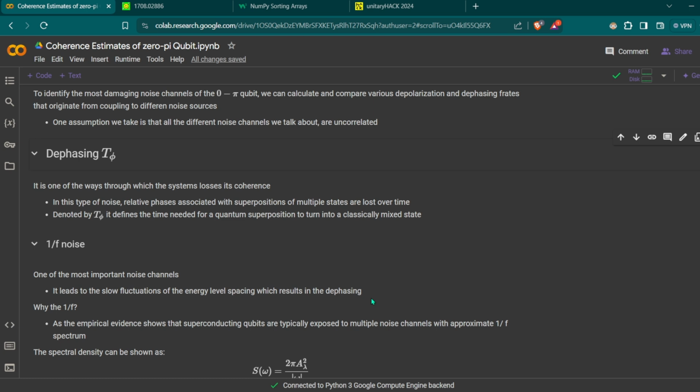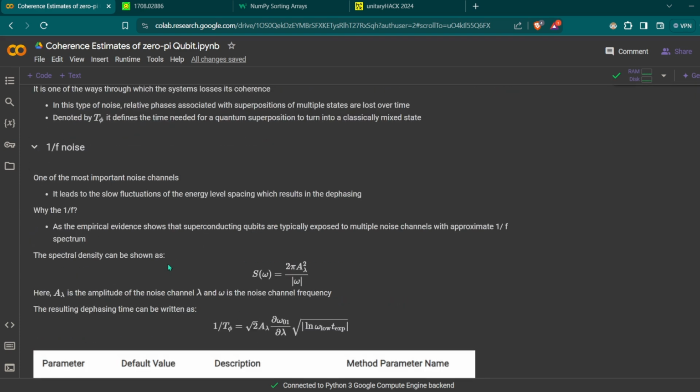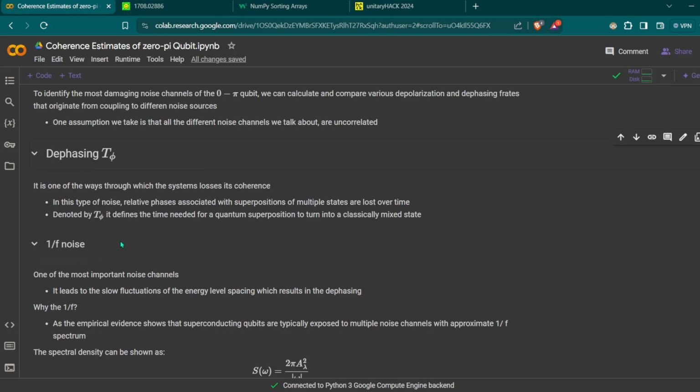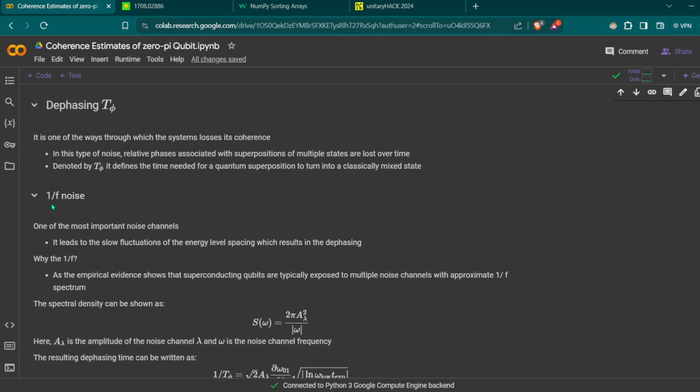In this type of noise, relative phases associated with superpositions of multiple states are lost over time. It defines the time needed for a quantum superposition to turn into a classically mixed state, losing all its coherence from the quantum state.